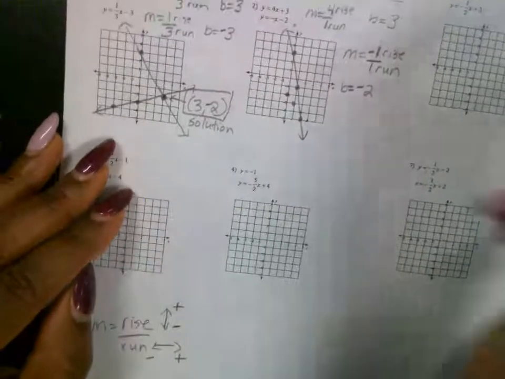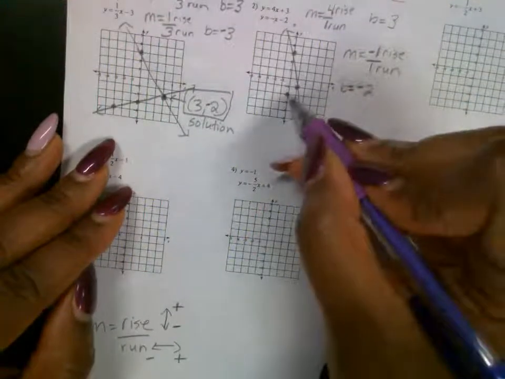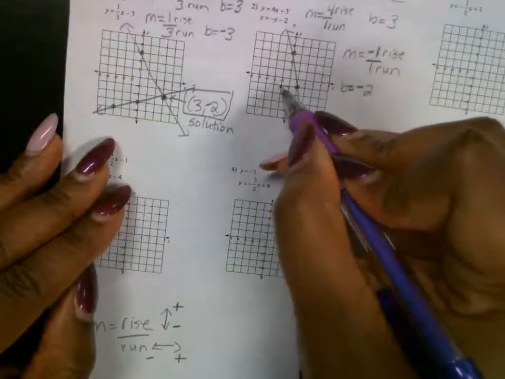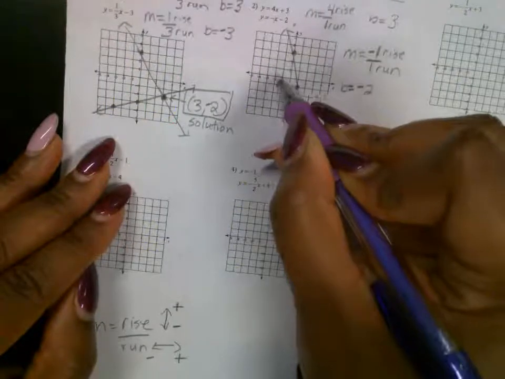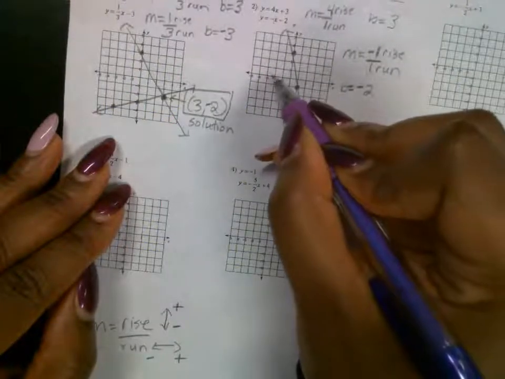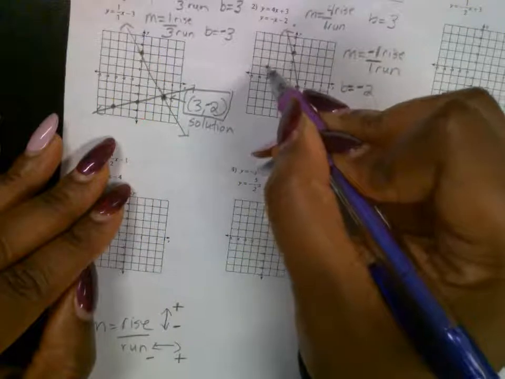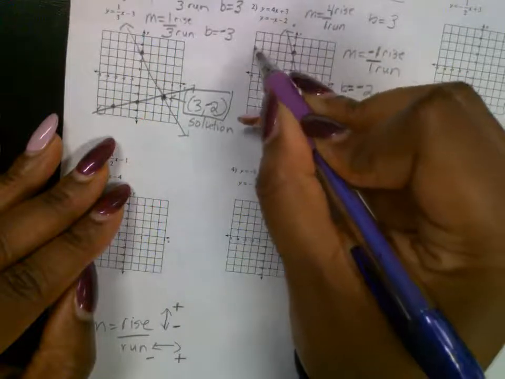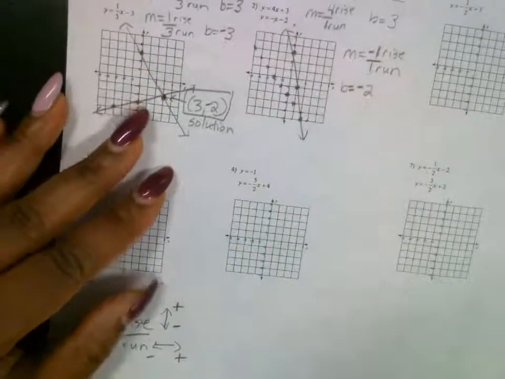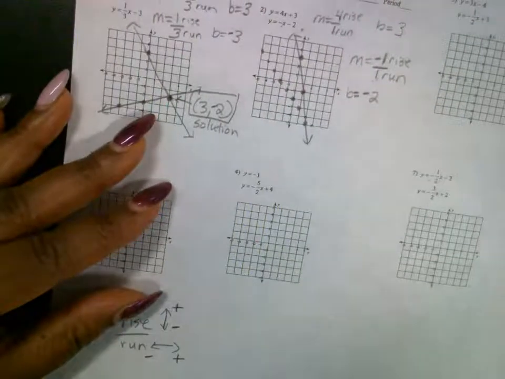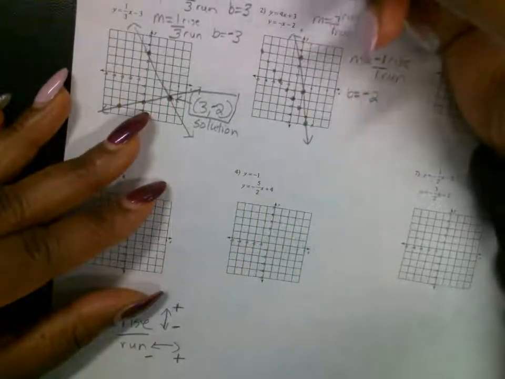All right, opposite direction. Up 1, right 1. Or left 1, sorry. Up 1, left 1. Make sure we did that right.